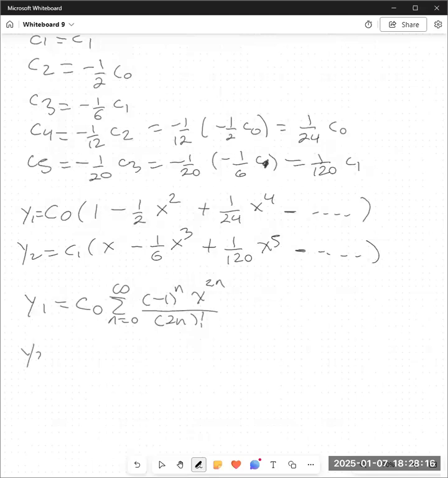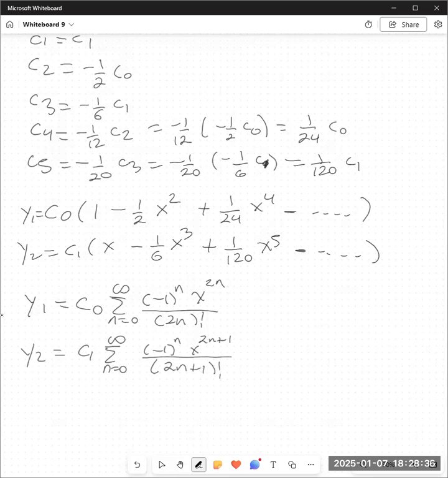And I'll tell you in just a second what this is, if you don't remember that from Calculus 2. And this is going to be the sum of -1 to the n, x to the 2n plus 1 over 2n plus 1 factorial. Again, I'll tell you in just a second what that is.